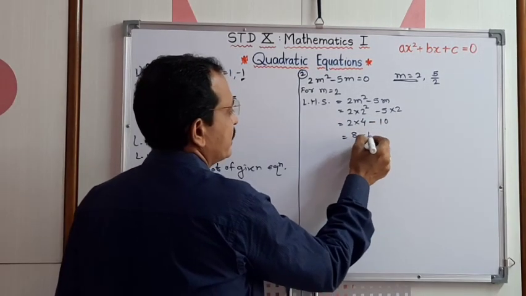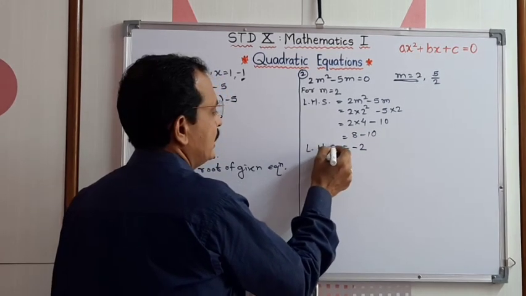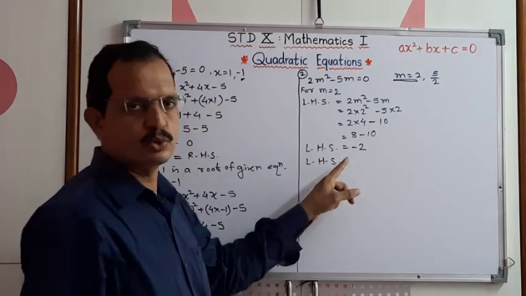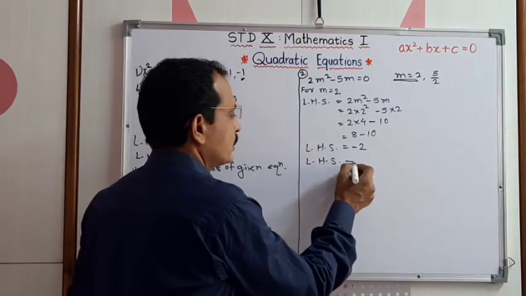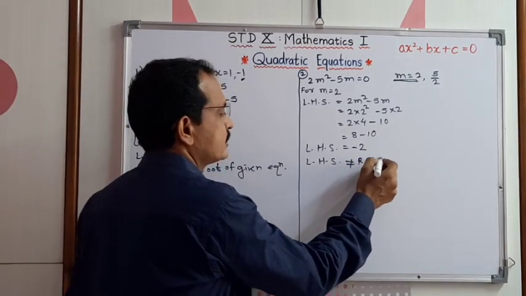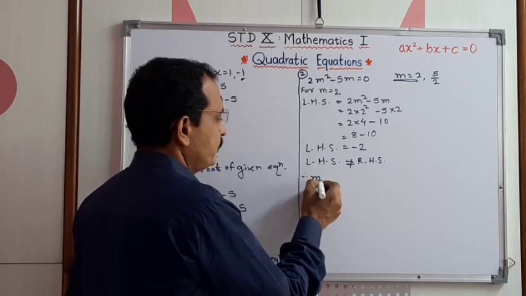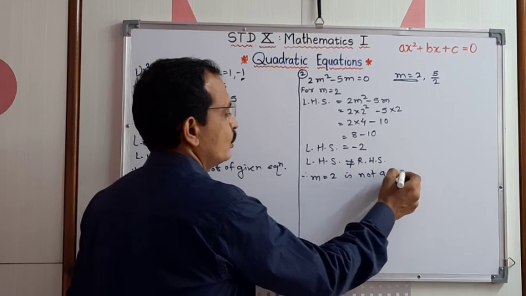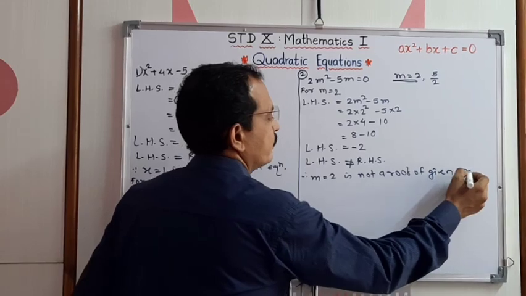It is 8 minus 10. It is minus 2. Therefore LHS is minus 2 and RHS is 0. Both are not equal. Therefore not equal to RHS. Therefore we say that m is equal to 2 is not a root of given equation.